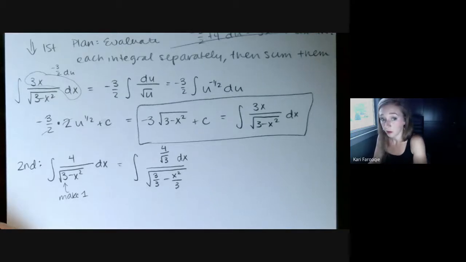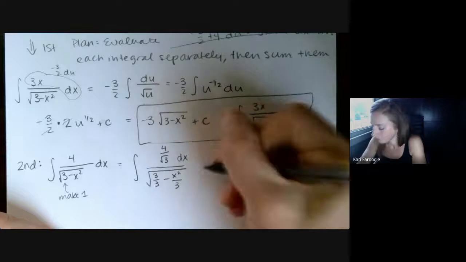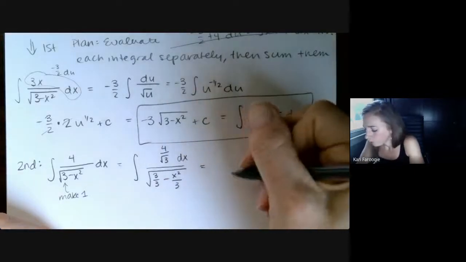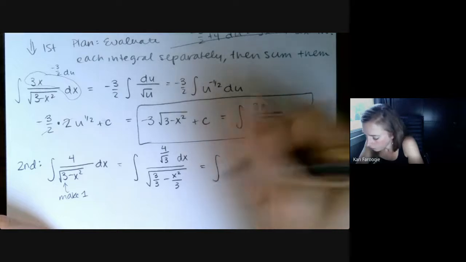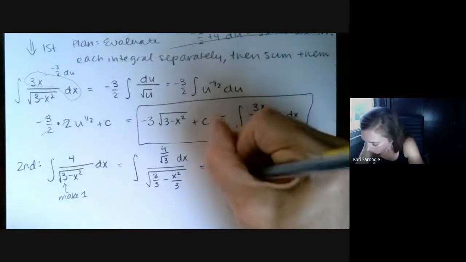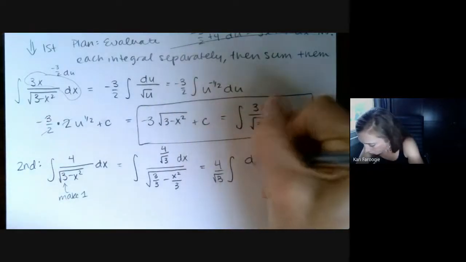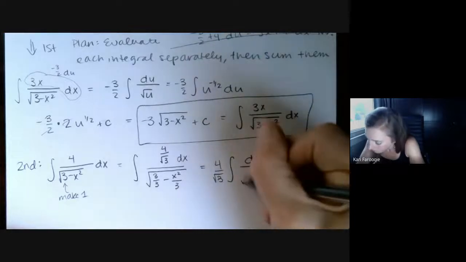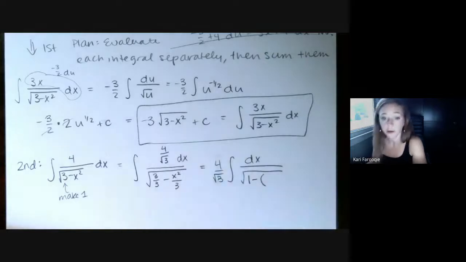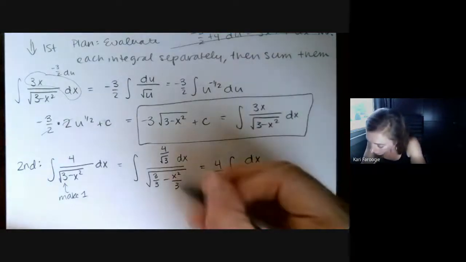Okay, now we're going to simplify. Kind of depends on what you want to do. I'm going to leave this here for now. Well, no, I don't like to leave a fraction in the numerator. I'm going to pull it out. We're going to end up manipulating it somehow anyway. So this will be the square root of 1 minus. Now be careful here because you want the quantity squared. 3 is not being squared right now.